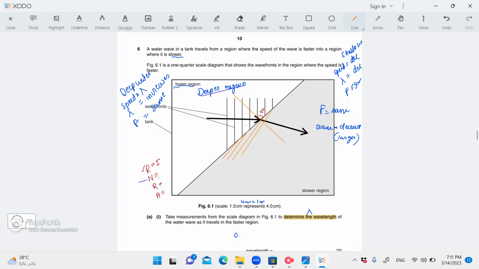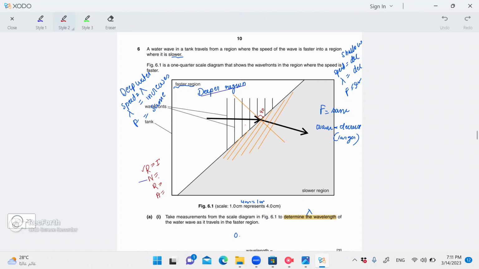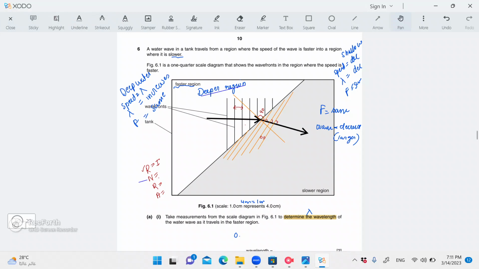The space will decrease. And you must check that this should be 90 degrees with the refracted ray. And you can see the space decreases compared to this.